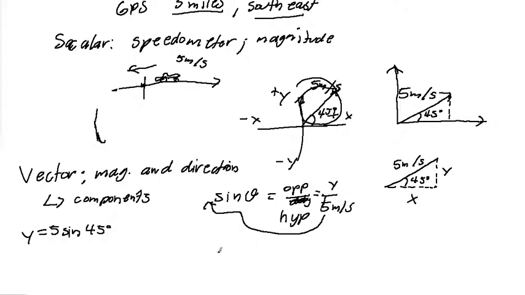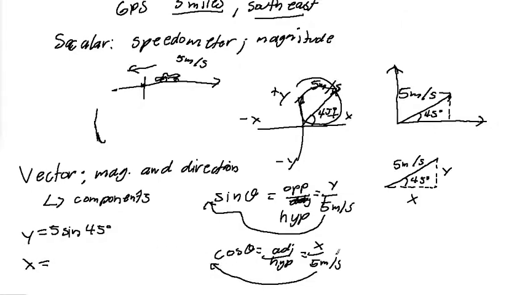Likewise, the cosine of theta is the adjacent over the hypotenuse, which in this case would be x over 5 meters per second. Again, you just move this to here. If you have trouble following how I did this, I just multiplied both sides times 5 meters per second.